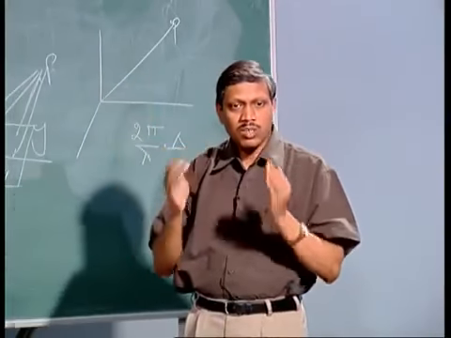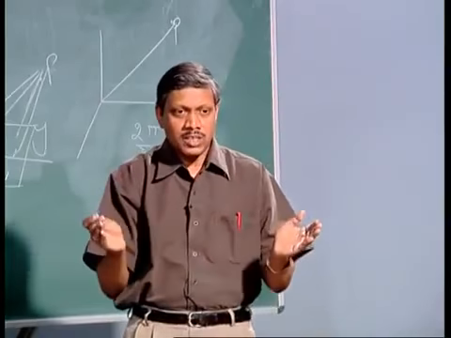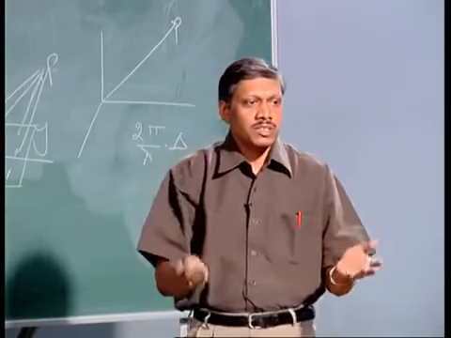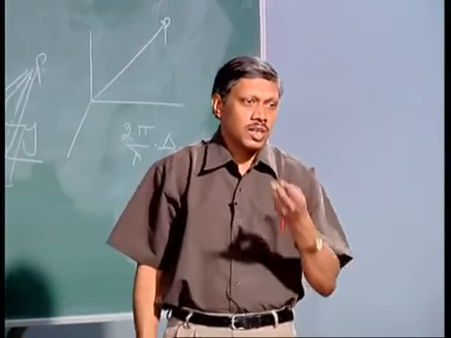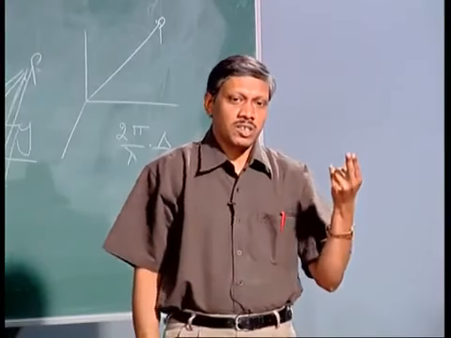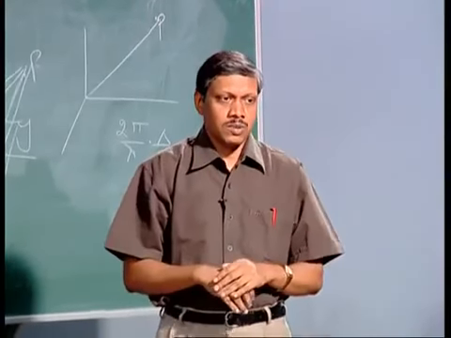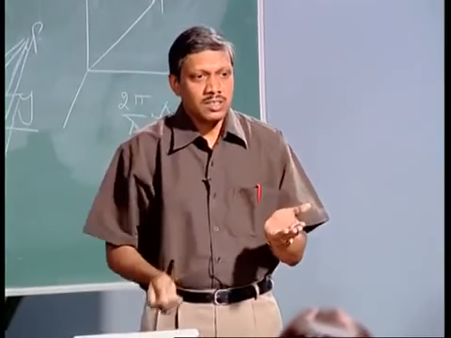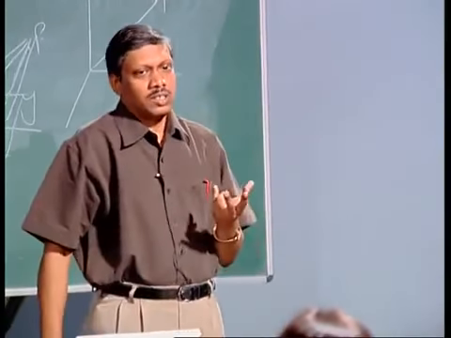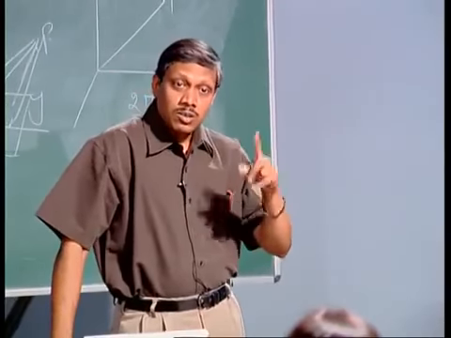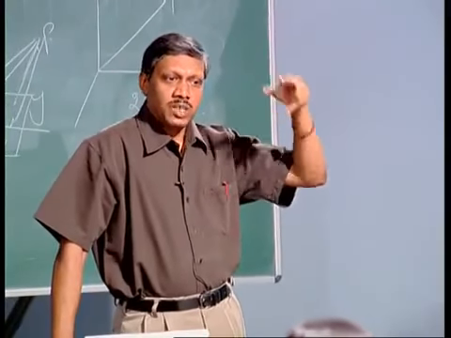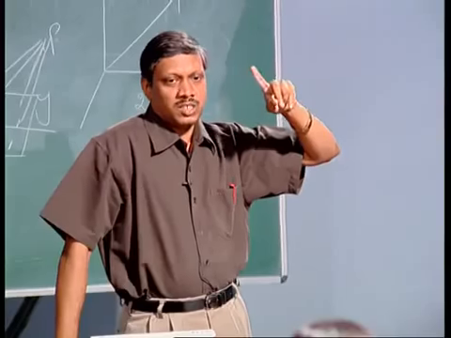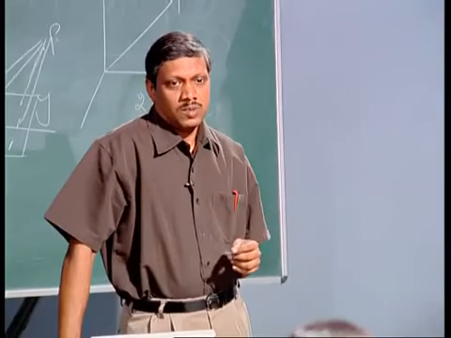So, if the space between the elements is such that it gives a phase difference of pi by 2 between two individual elements, instead of adding at the point of interest, they will cancel each other. So, obviously the space between two elements is a very important factor, which decides how the fields meeting at the point of interest P are going to be added up.